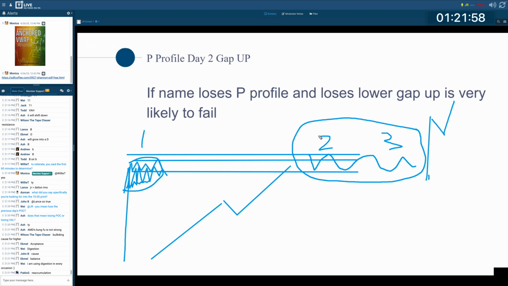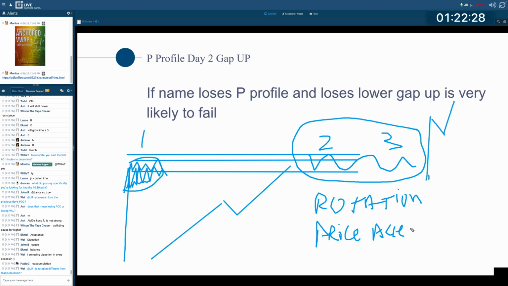Correct, Pablo. So when you have a day 1 that's a very strong P-shaped profile, the thing you need to look for most are signs of either rotation or price acceptance over the prior day's value area high, and that will give you a really good roadmap in terms of what is most likely to happen.